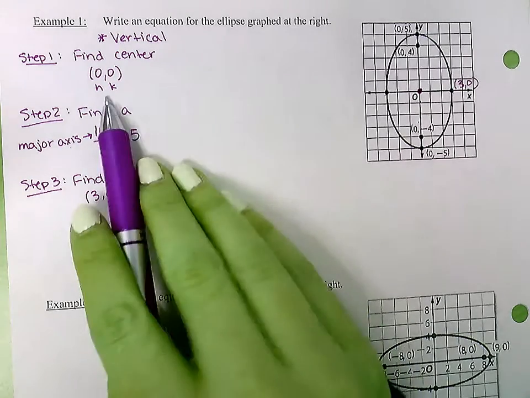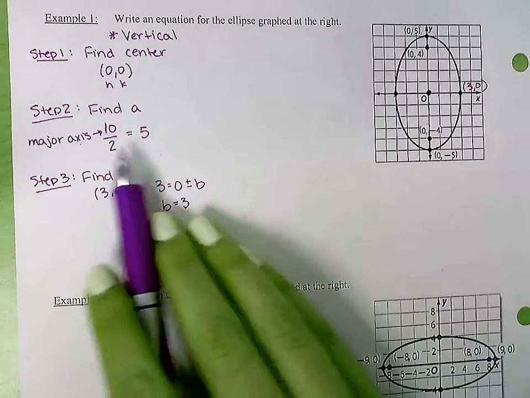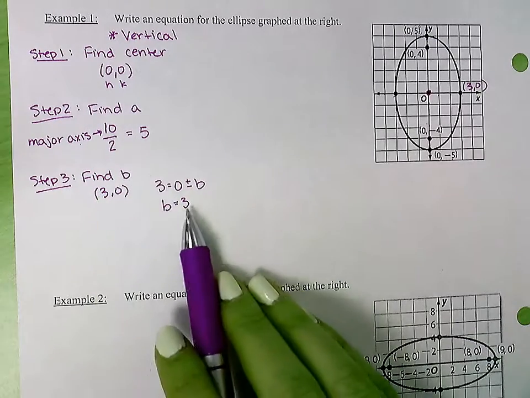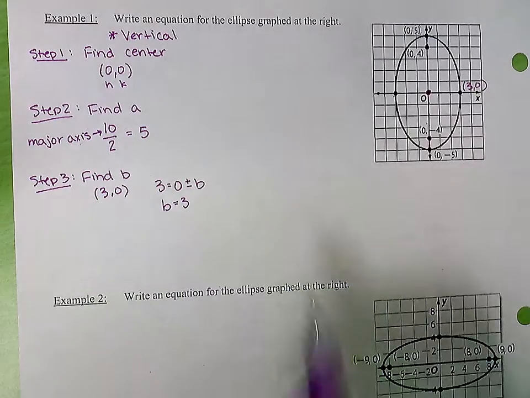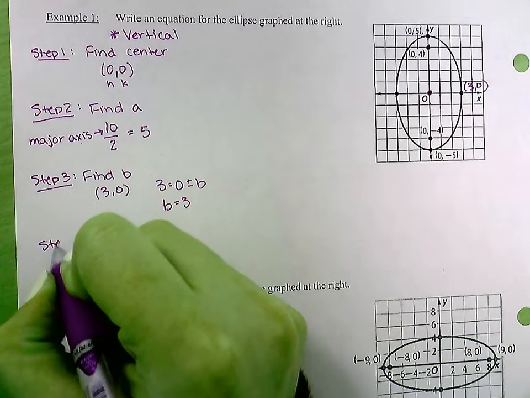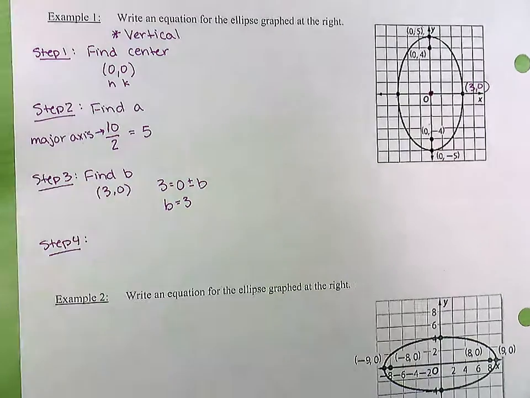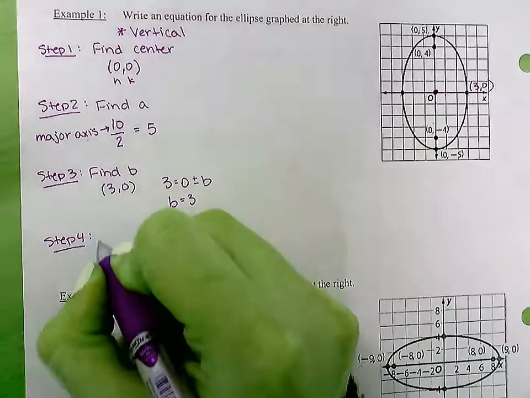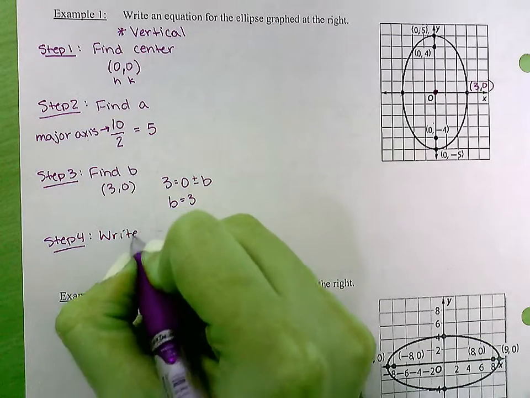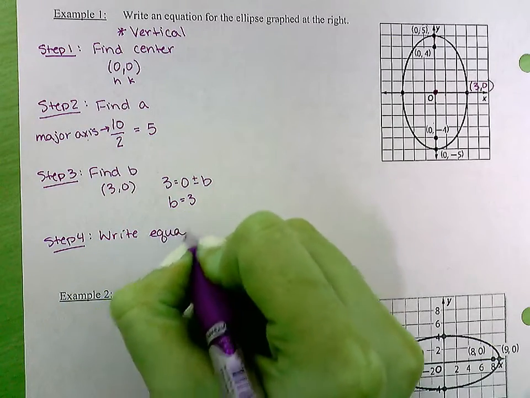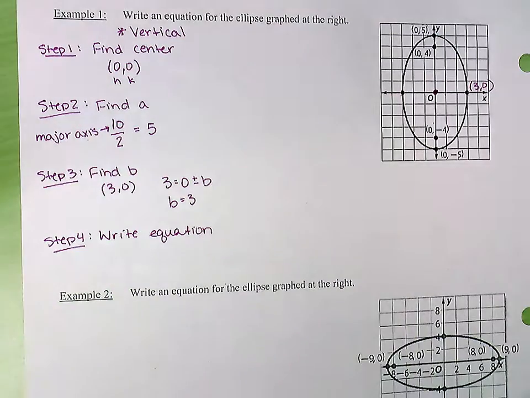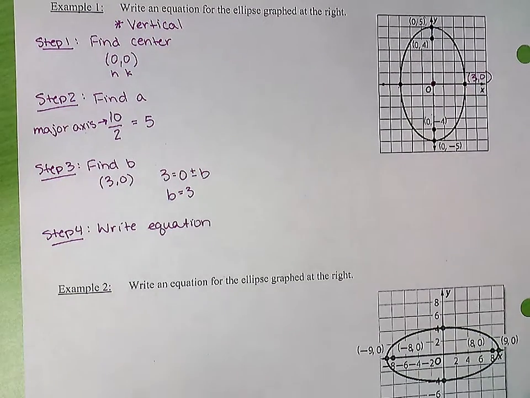So now that I have my center, my A value, and my B value, the last step is to write the equation. I'm going to use my chart on the front. Again, this is a vertical ellipse.